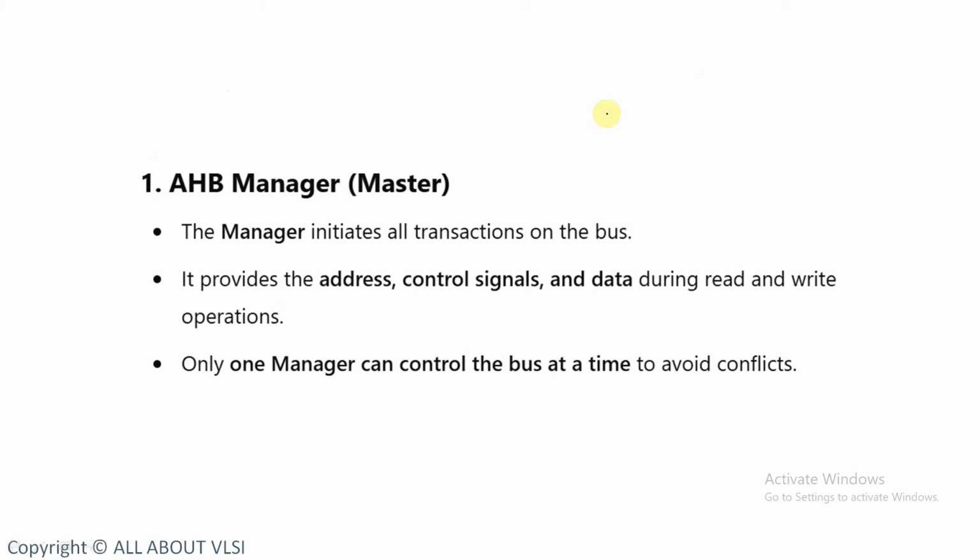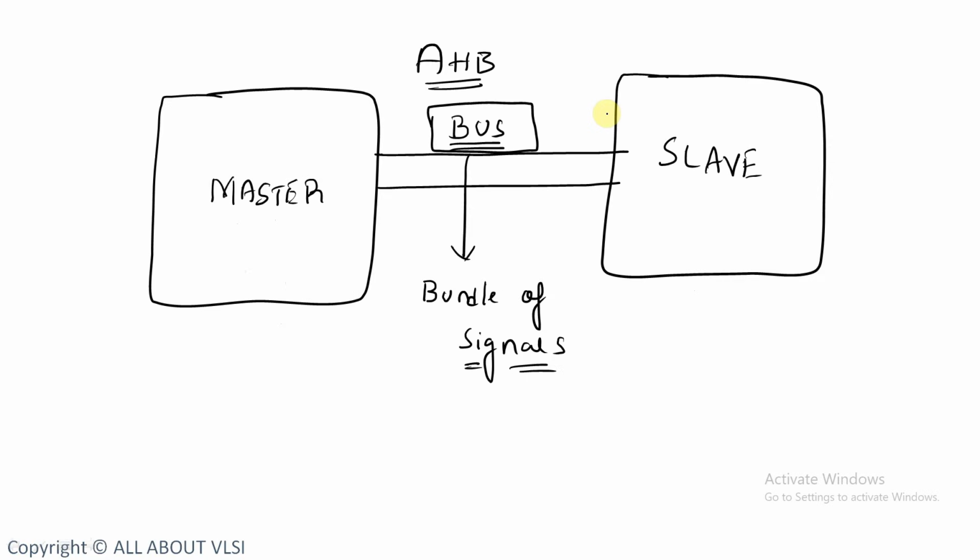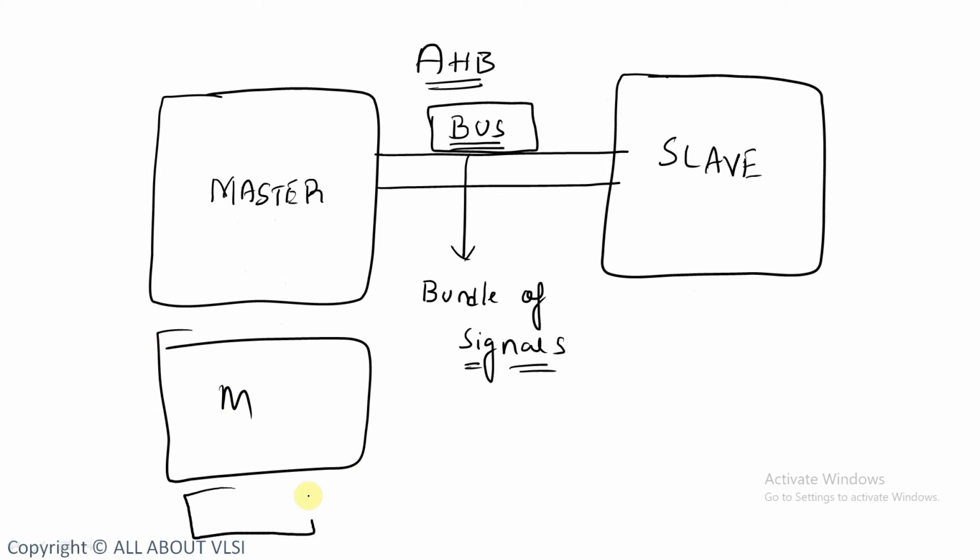Coming to this master, it provides the address, control signals and data during the read and write operations, and only one manager can control the bus at a time to avoid conflicts. For example, if we have multiple masters communicating with multiple slaves connected with a complex bus structure, then only a single master can access the bus at a time, and only a single master and slave can communicate with each other.